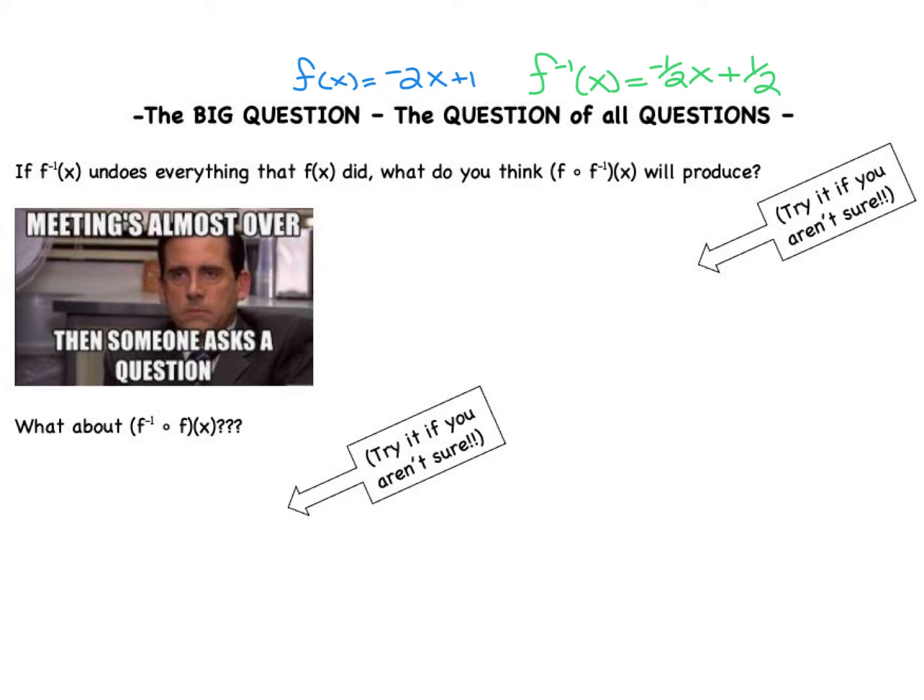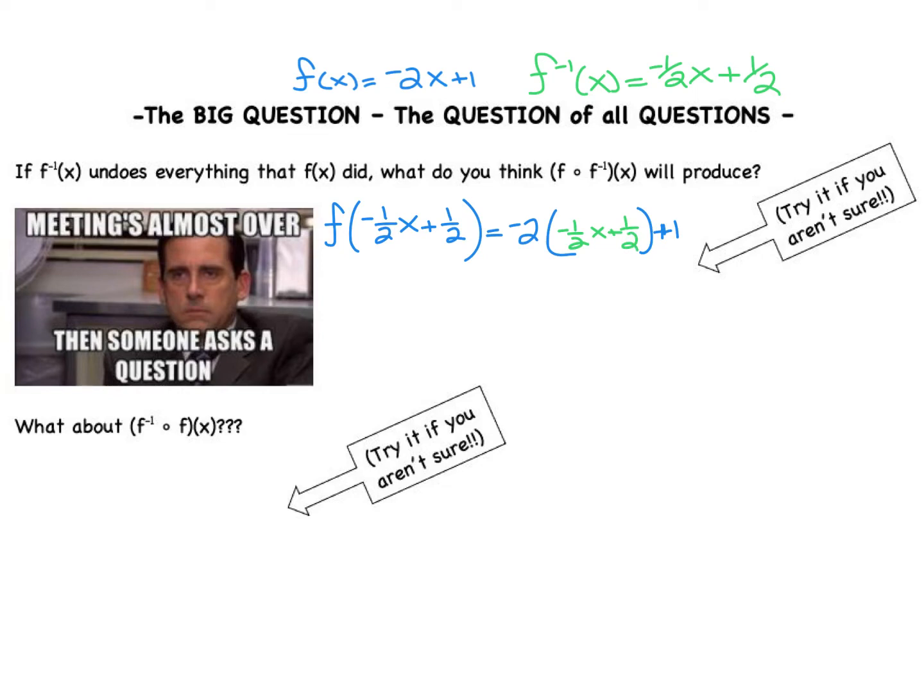So let's do the composition where we plug f inverse into f of x. So this means I'm plugging in -1/2 x plus 1/2 into f of x. So this would produce -2 times, and I'm substituting in the -1/2 x plus 1/2.